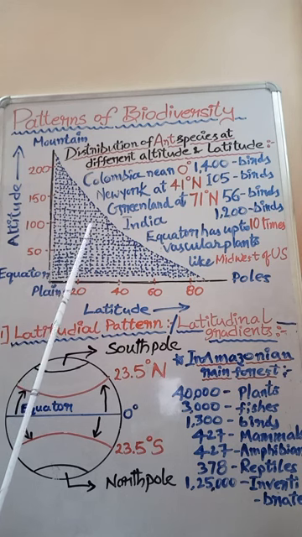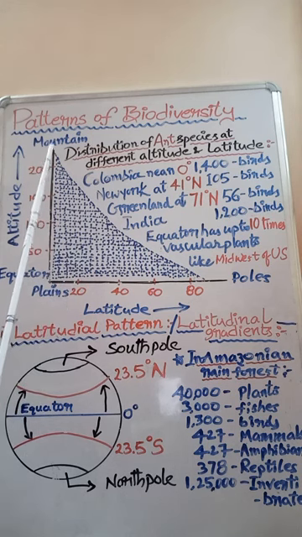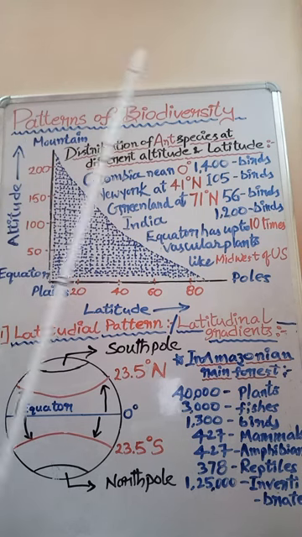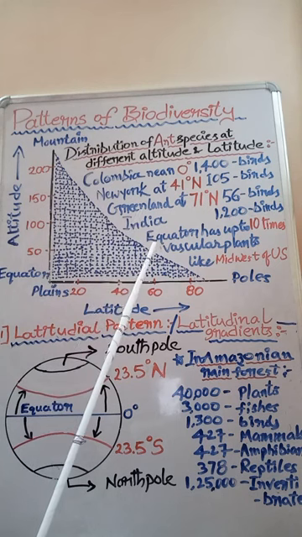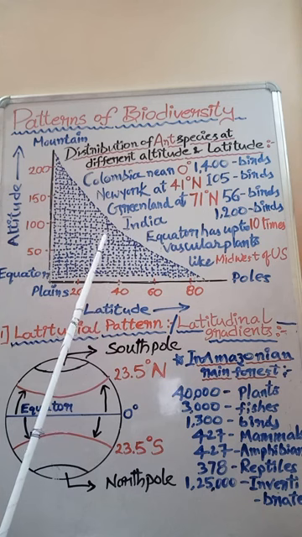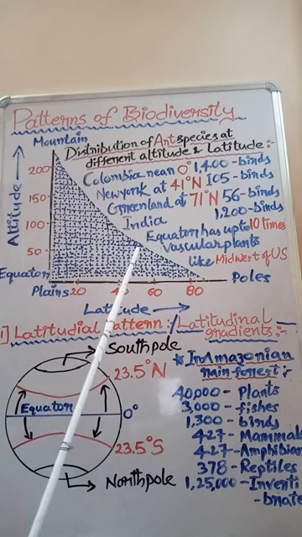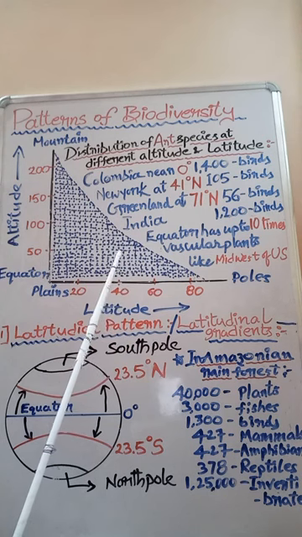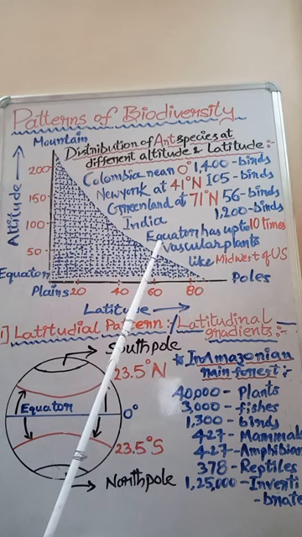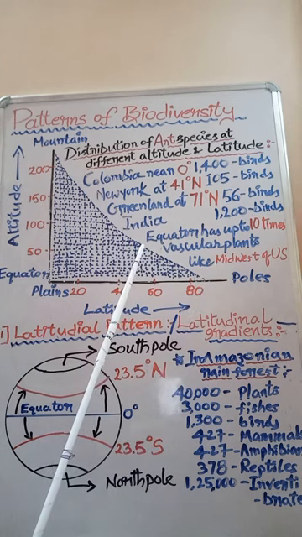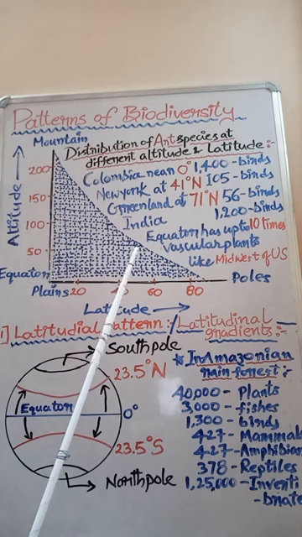Here is one important aspect which I would like to bring to your notice. The diversity of plants and animals is not uniform throughout the world, as we learned just now, but shows a rather uneven distribution. For any group of plants, there are interesting patterns in diversity, the most well-known being the latitudinal gradient in diversity.